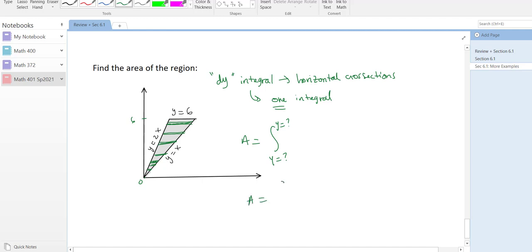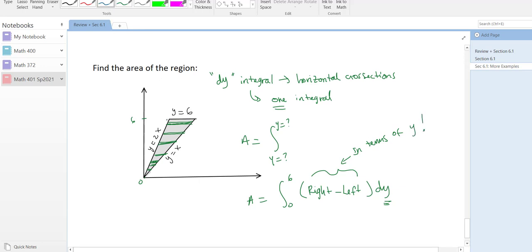So the area is the integral from 0 to 6 of, because I'm going to have a dy integral, I need to have right minus left. And because I have dy, what does that mean about these functions? They need to be in terms of y.